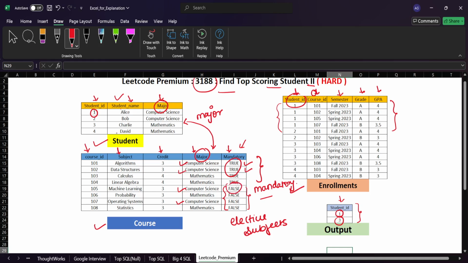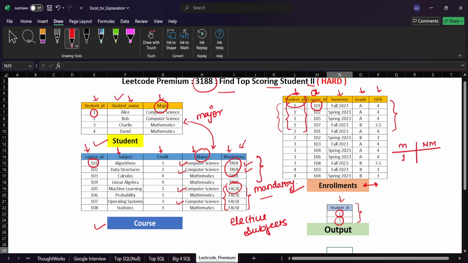So let's talk about this student one. The enrollments table tells us which courses that particular student has taken. For student one, we have four records. Course ID 101 is mandatory, so let's create here mandatory and non-mandatory.